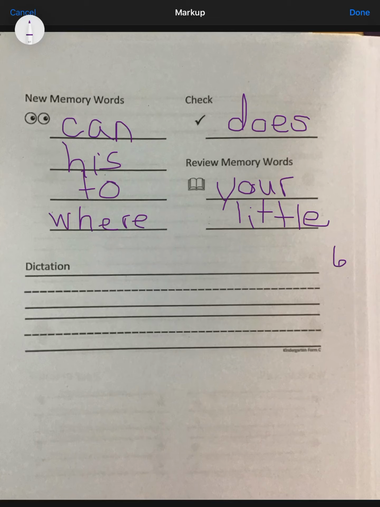And I'm going to actually write my caps on this side. I have a little bit more room on this side today. So, can, that's my first word. Oh, I wrote that in my memory words. Can. Okay, put my finger here and make it a new word. I. Ooh, what's that rule about I when it's by itself as a word?